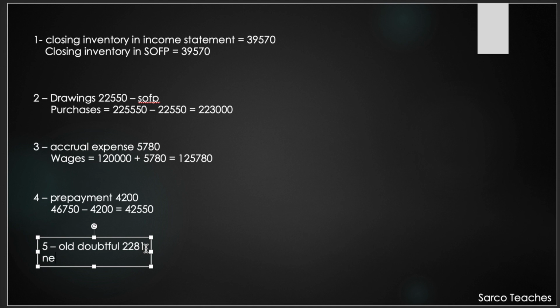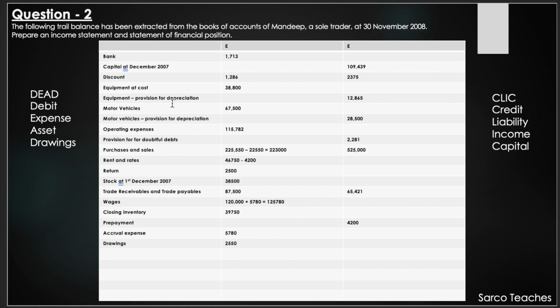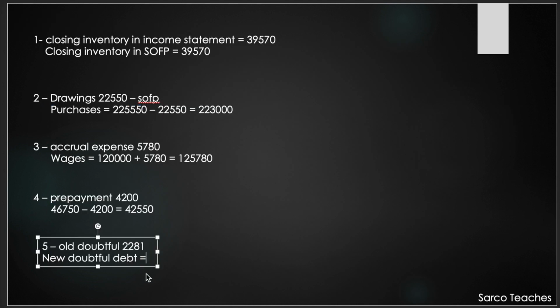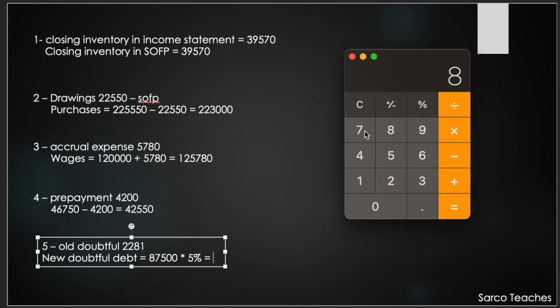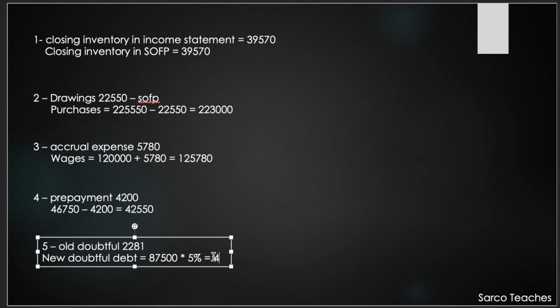For the ones that don't know what doubtful debt means, it is basically when a trade receivable, the people that owe you money, no longer have the capability to bring you the money. So you just have to cross it out. In this case, it's telling us that the doubtful debt is 5% of our trade receivables. So we do our trade receivables times 5% to get our new doubtful debt.